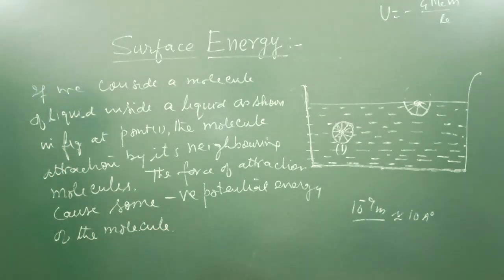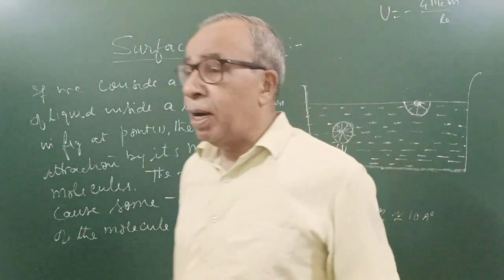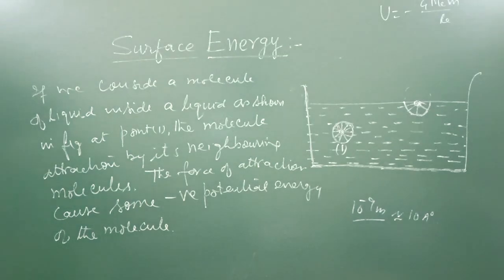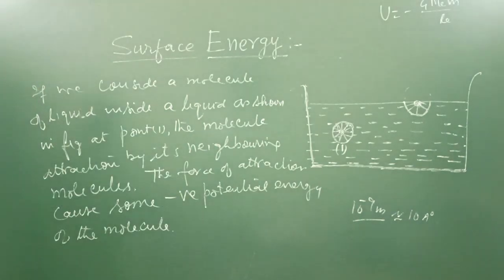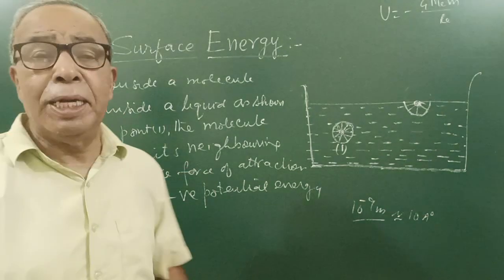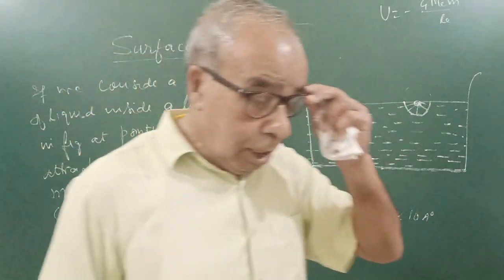Actually, when energy is negative, it means the particle is associated by force of attraction. You will learn there is a term binding energy, and this fact is understood. To evaporate, to boil a liquid, we need heat of vaporization.